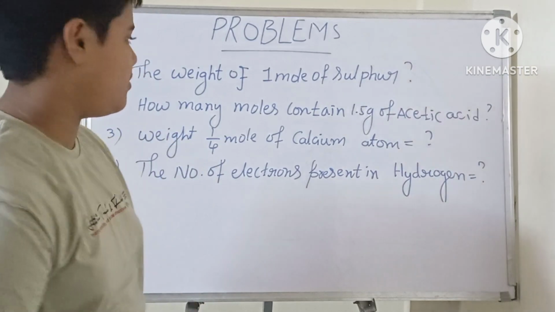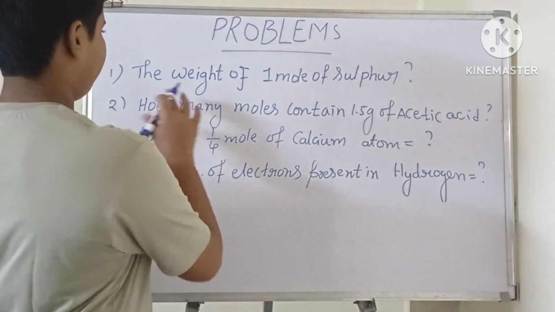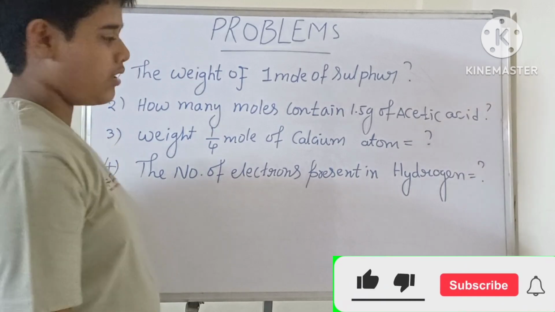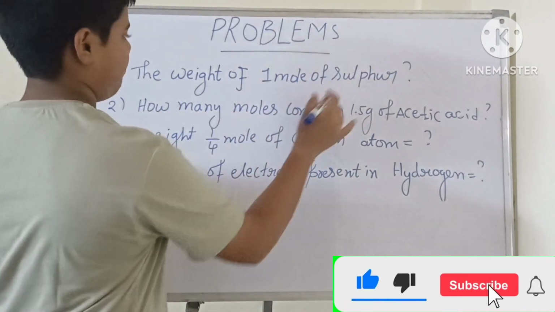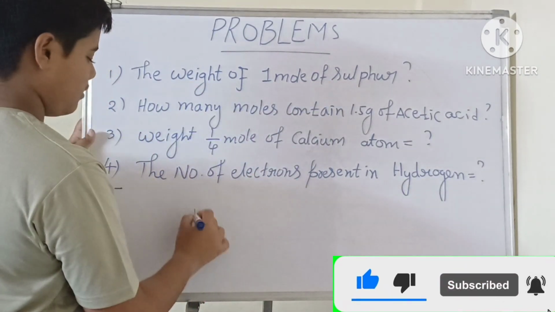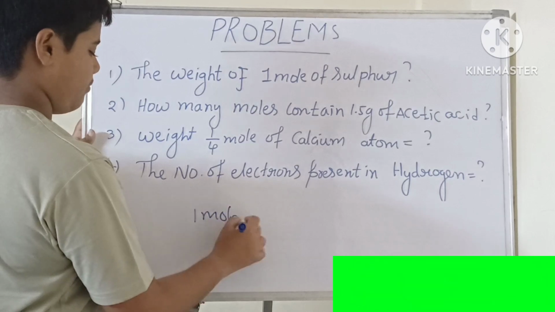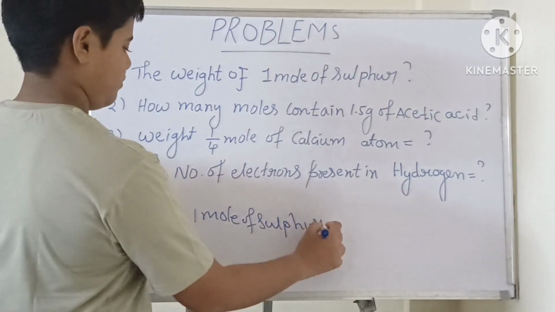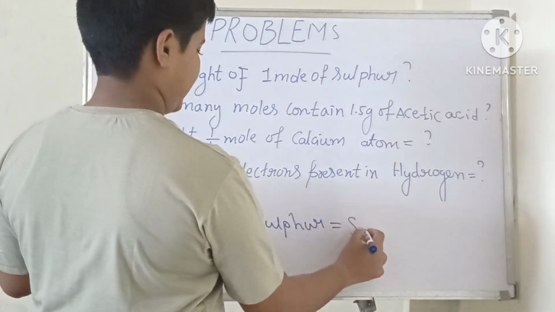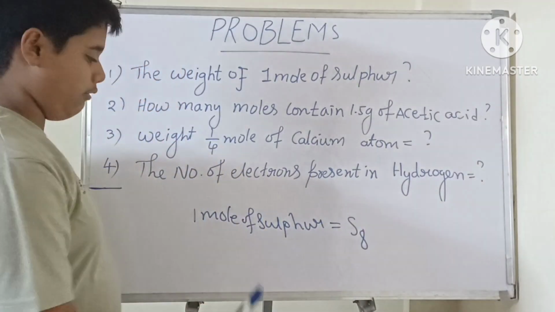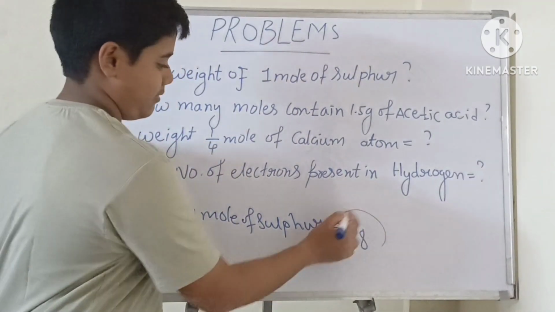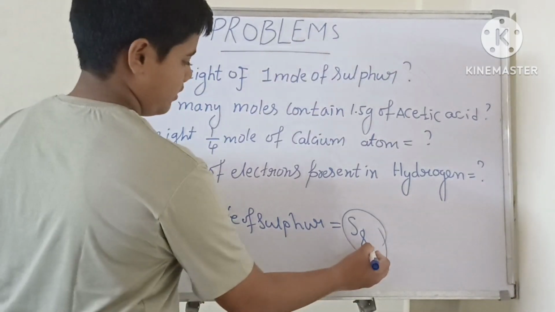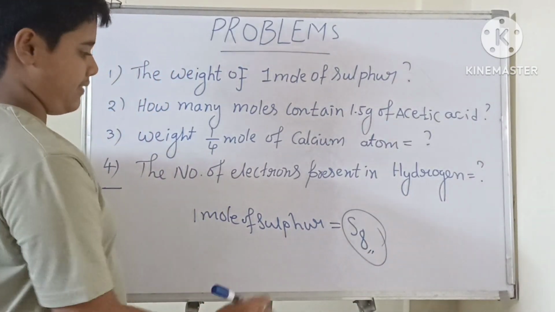And the problems. Here in the first one, the weight of 1 mole of sulfur. Here 1 mole of sulfur is S8. It is in the polyatomic form, S8.